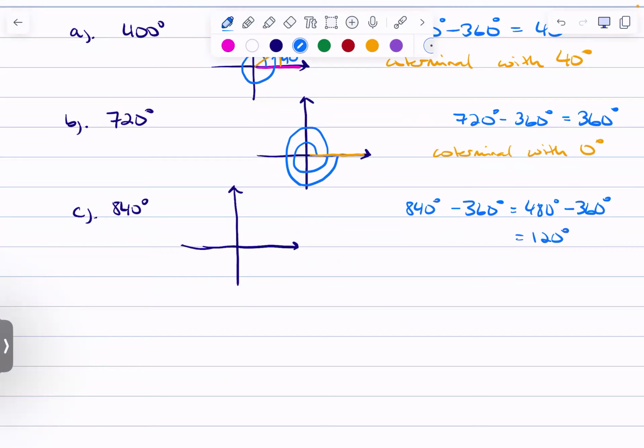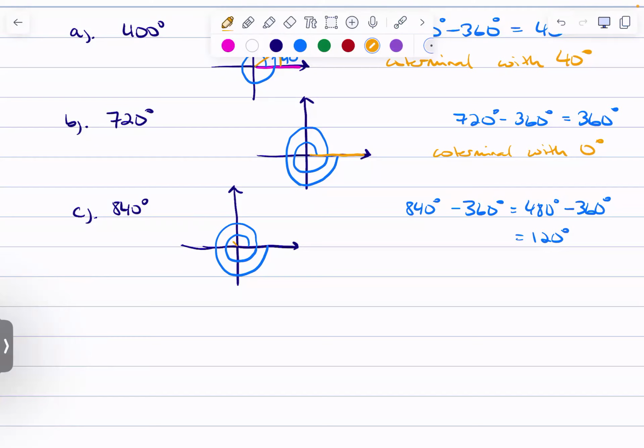So let's see here. I did 1 loop, and then I did another loop, and then I want to go 120 degrees, which is past the 90 degrees, but not getting to the 180 degrees, right?